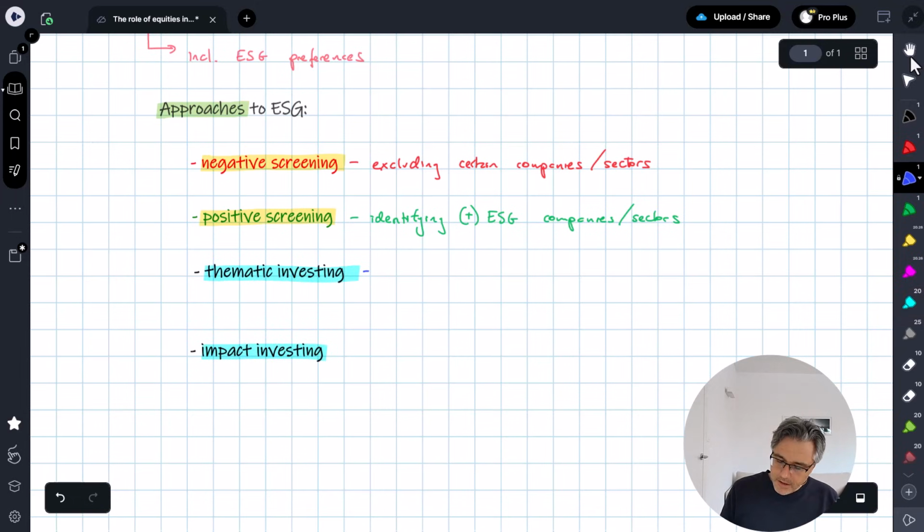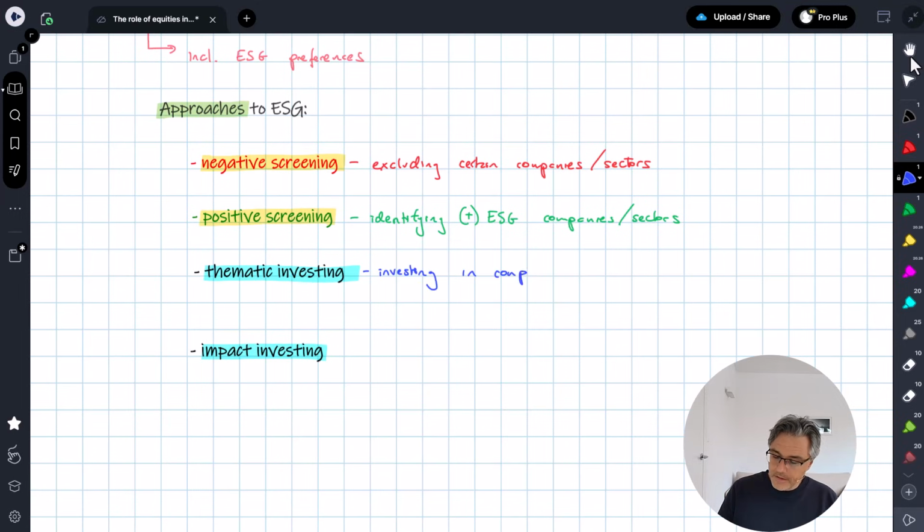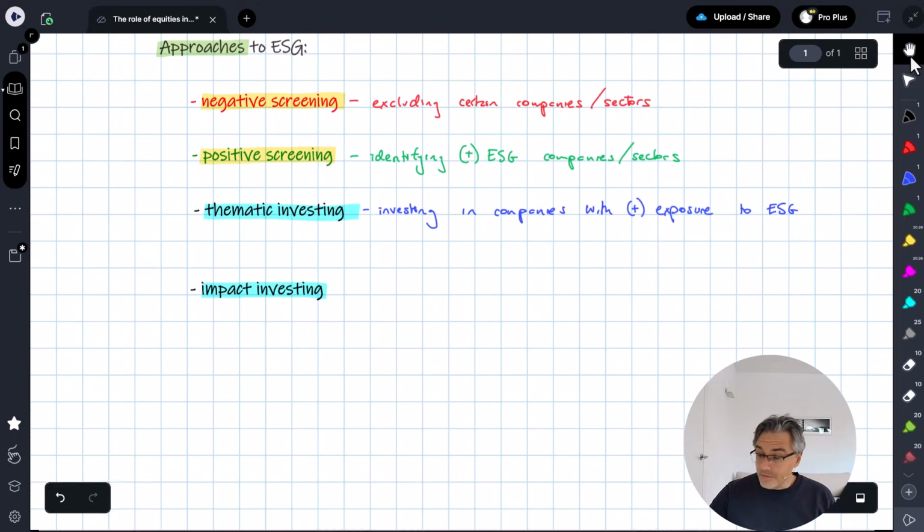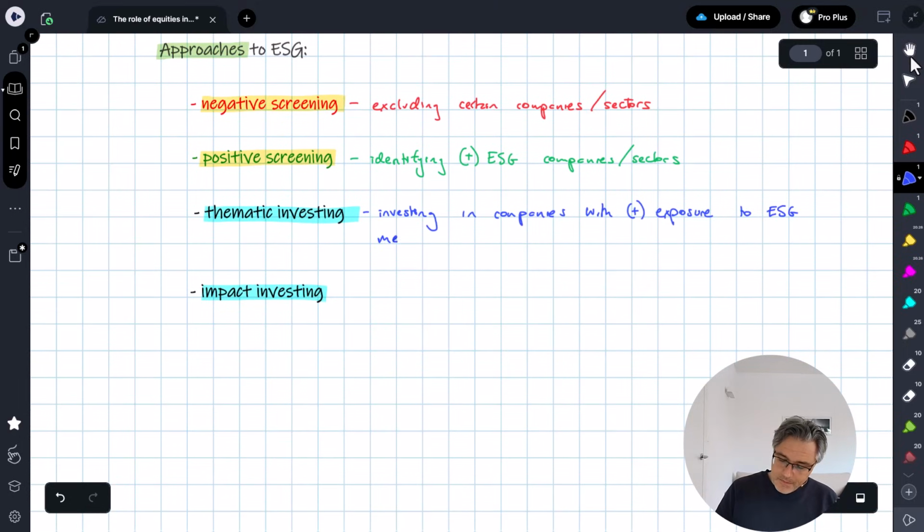Thematic investing is investing in companies with positive exposure to certain ESG related so-called megatrends. Megatrends is a very popular name these days in investing.